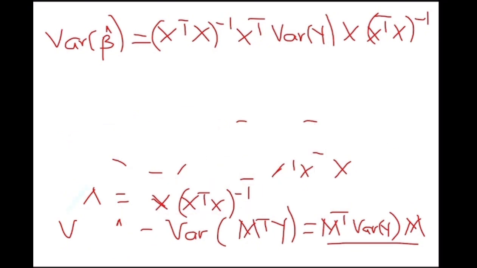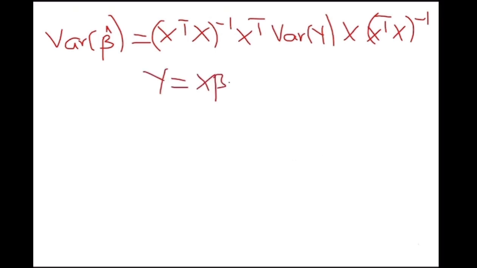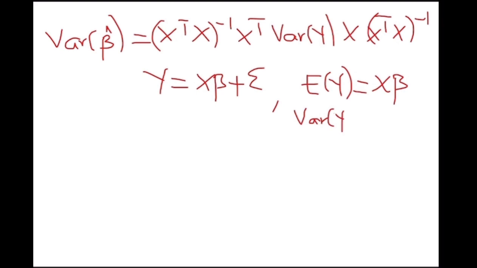The moment I got this, the next thing I'm going to do is, if y equals X beta plus the error, we have an assumption: the expected value of y equals X beta and the variance of y is sigma squared identity.